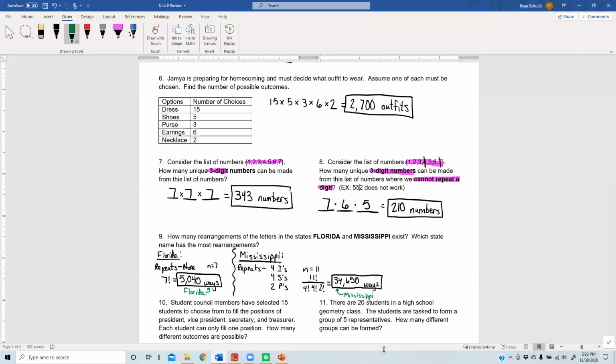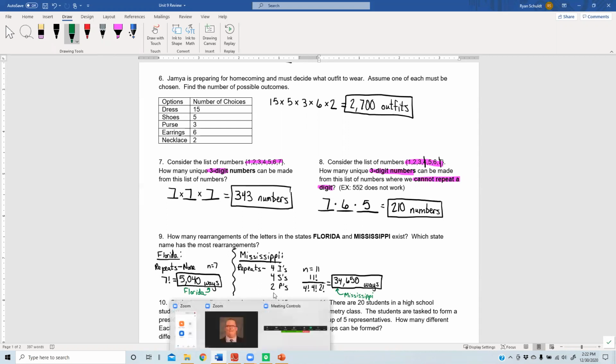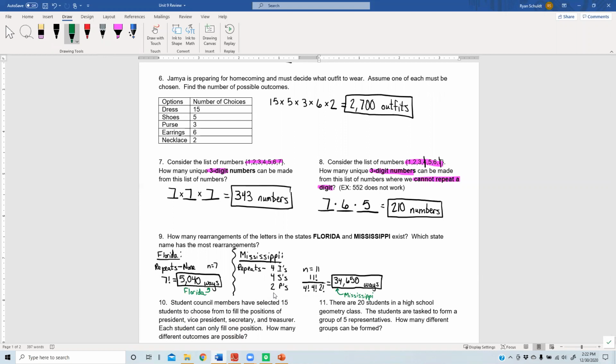Okay, so which one has more? Which one is more, 34,000 or 5,000? Definitely the 34,000. So our final answer is Mississippi has the most rearrangements.